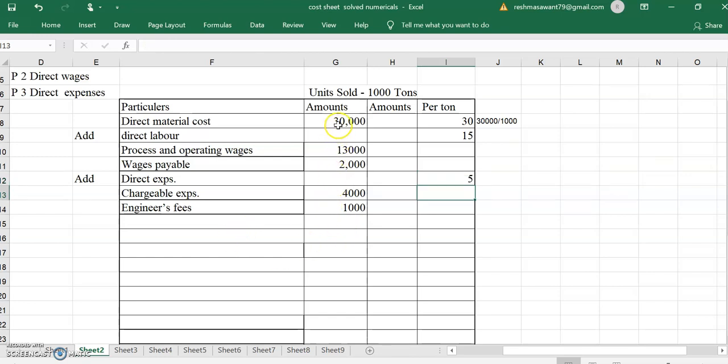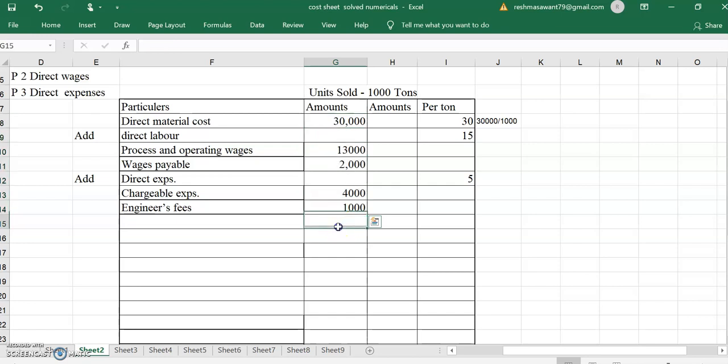Now calculate the total of these three headings: direct material, direct labor, that is direct wages and process operating wages, and direct expenses. This gives you the first heading, that is your prime cost.